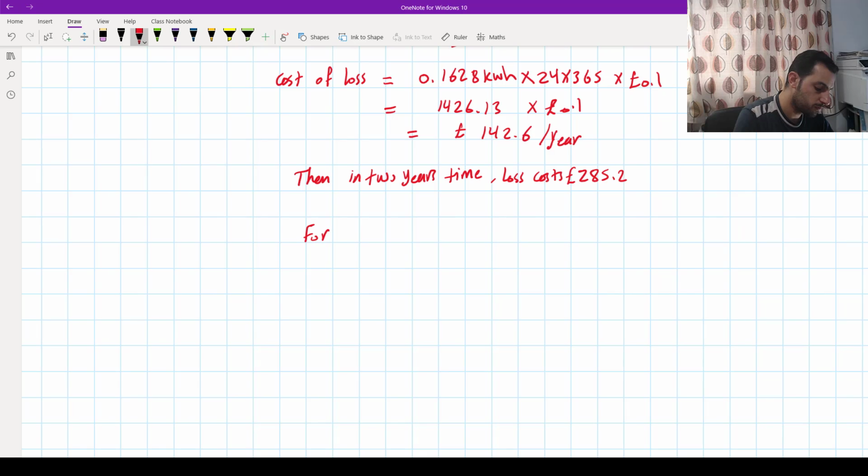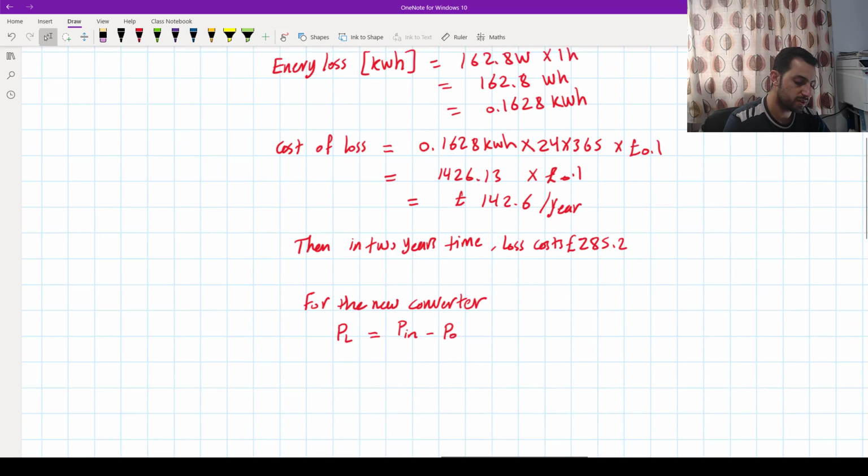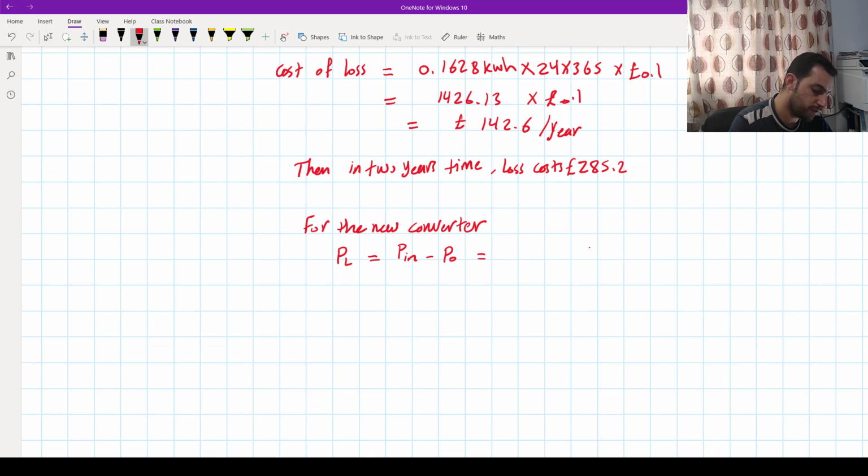So for the new converter, the power losses equal power input minus power output, and the efficiency is 96.8 as we said, and you will come up with every 1000 watt as output, you will spend that amount as power input. That means the power losses will equal 33.06 watt only, compared with the previous one.